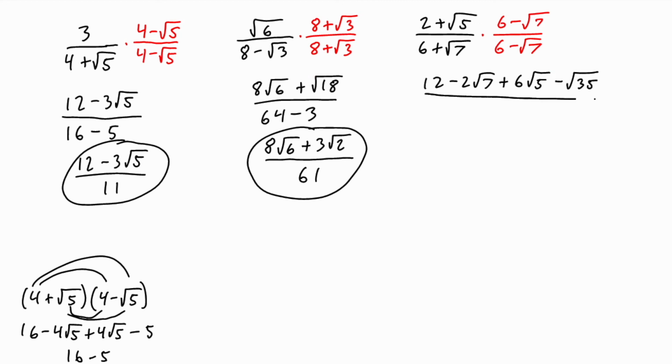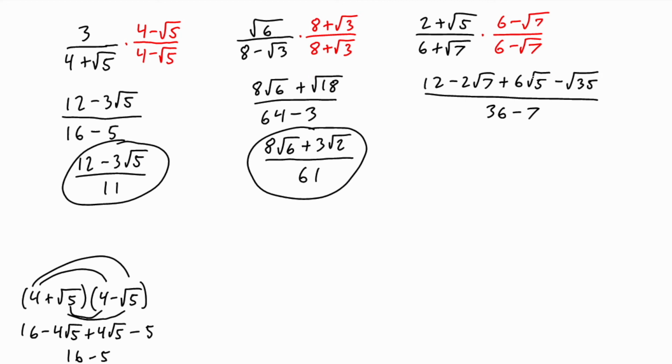All over. Again, difference of squares. 6 times 6 is 36. And square root of 7 times square root of 7 is 7. And usually on top, it would be easy enough that we could just combine like terms.